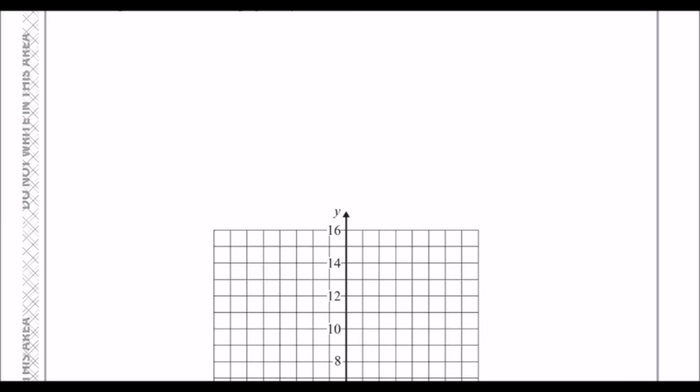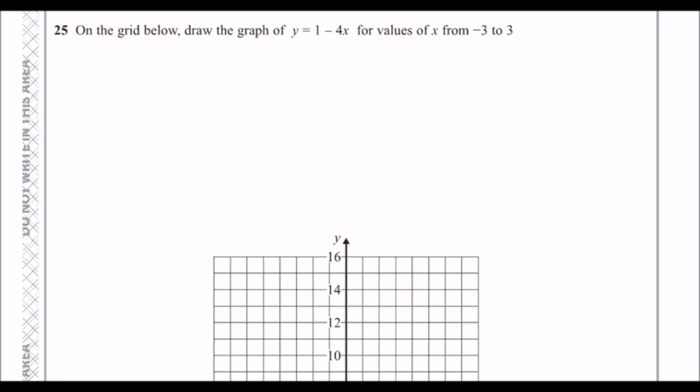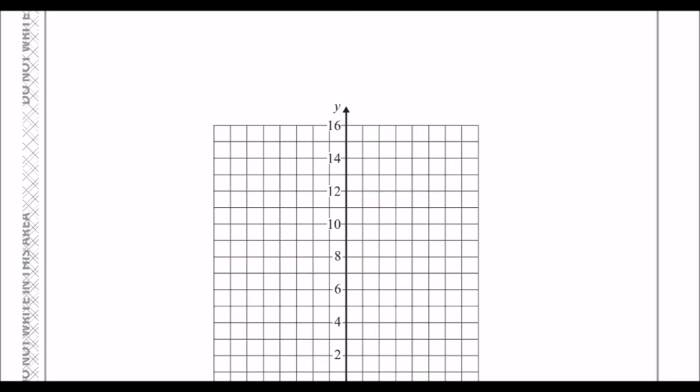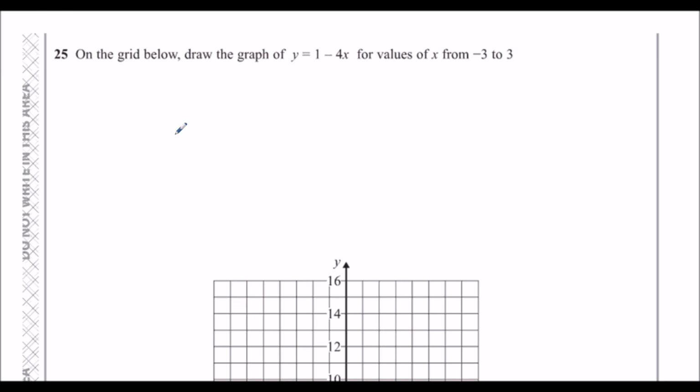And question 25. On the grid below, draw the graph of y equals 1 minus 4x for the values of x from minus 3 to plus 3. So we can draw a grid.